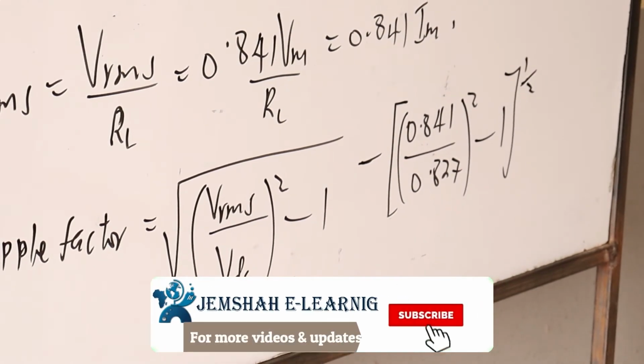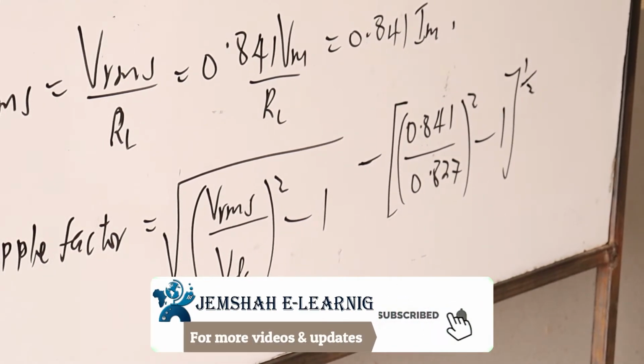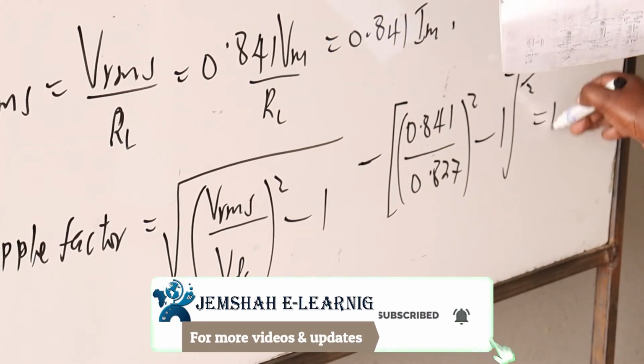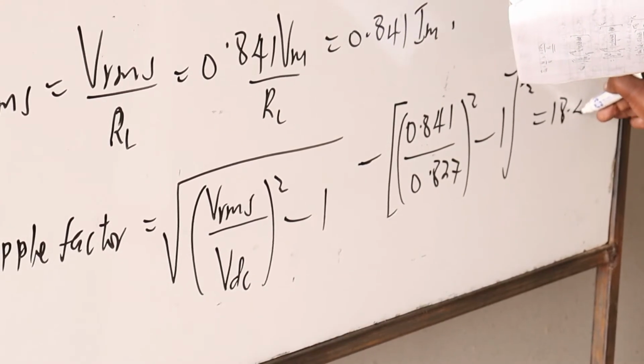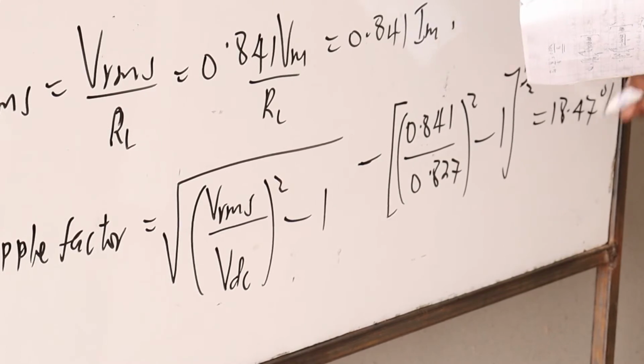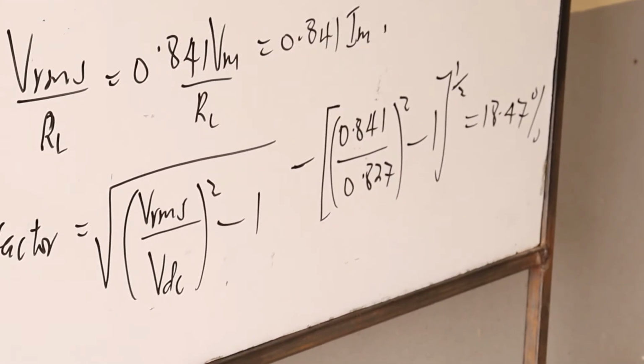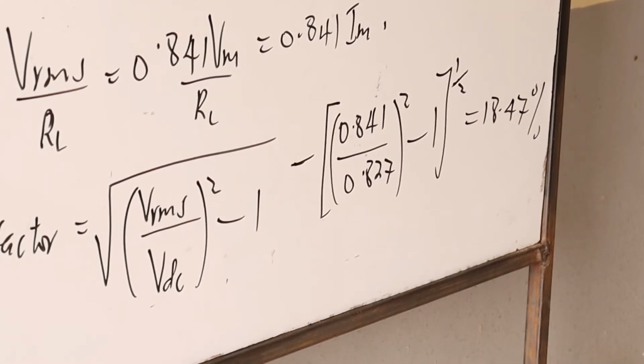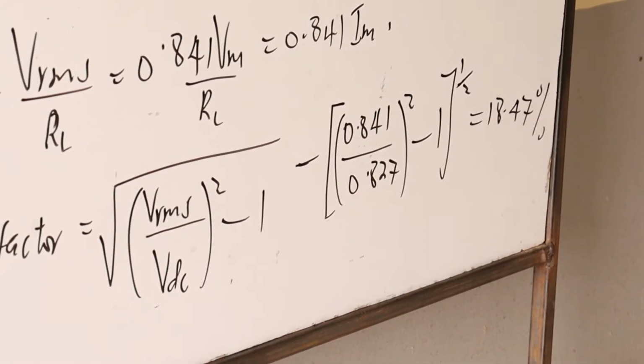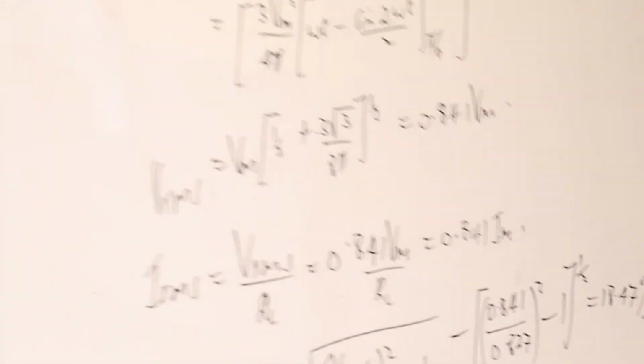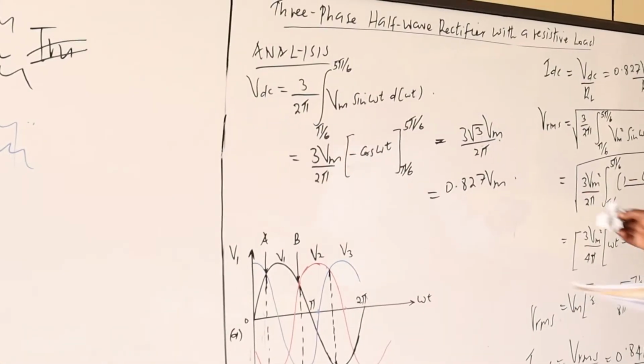That's why we are raising to a half. Gives us 18.47%. So we can also get the efficiency, the rectifier efficiency.